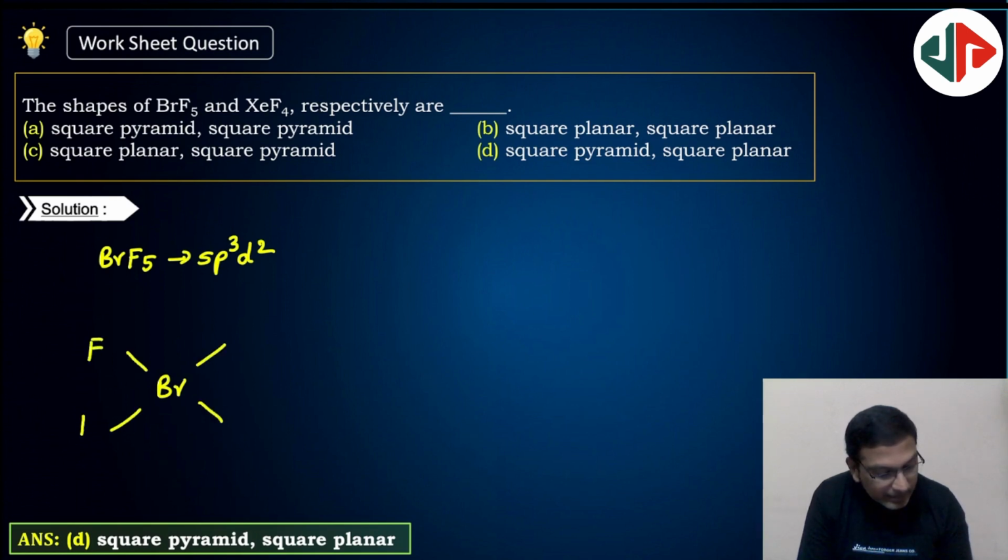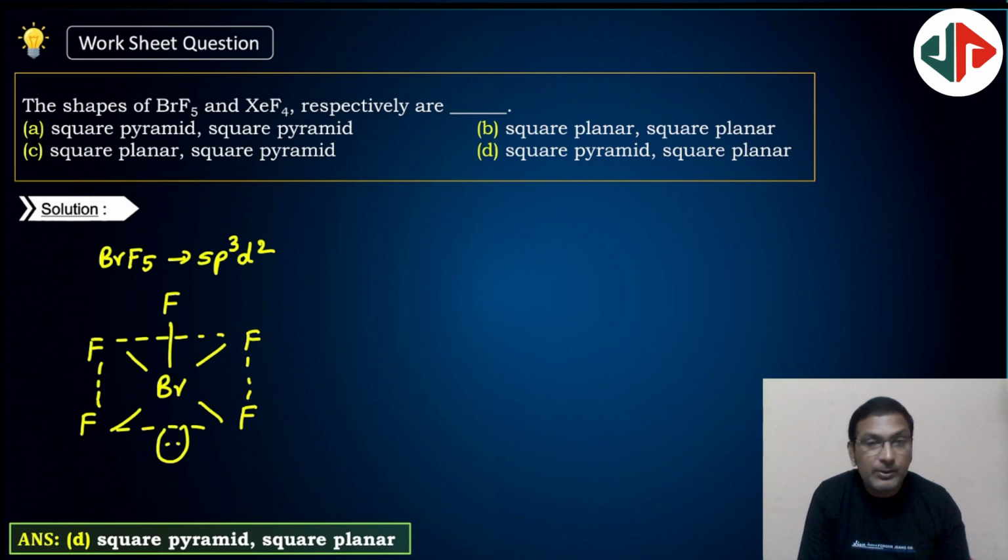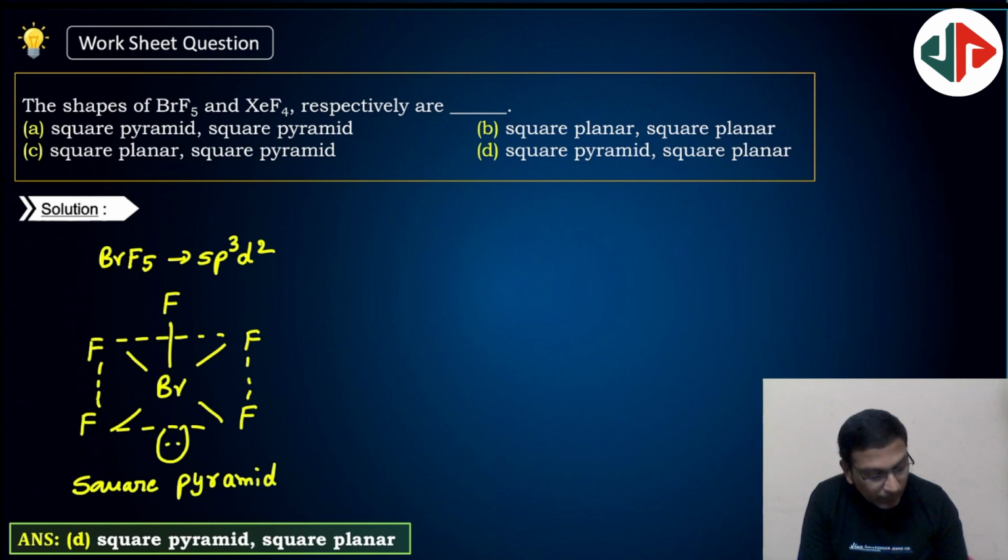You can write the structure like this: F5 and one lone pair will be there. So geometry is square pyramidal. Similarly, for xenon tetrafluoride.